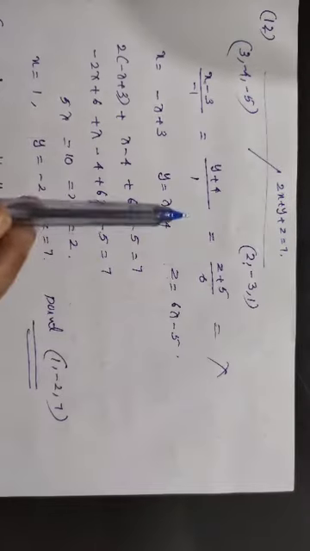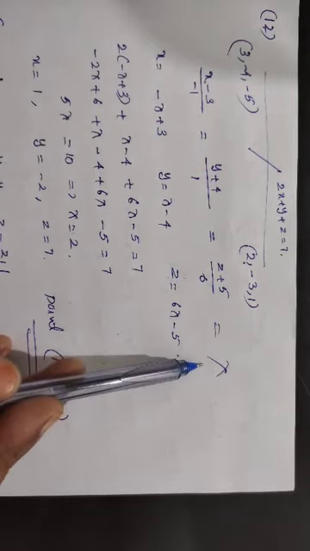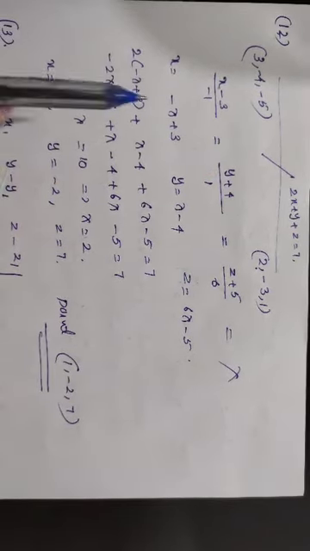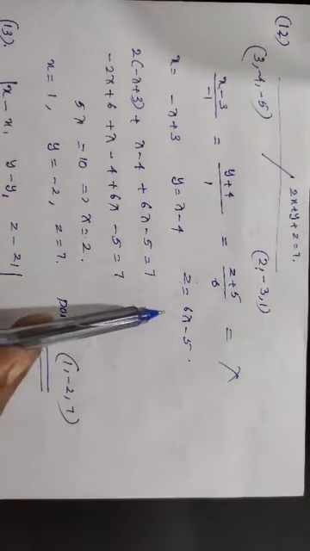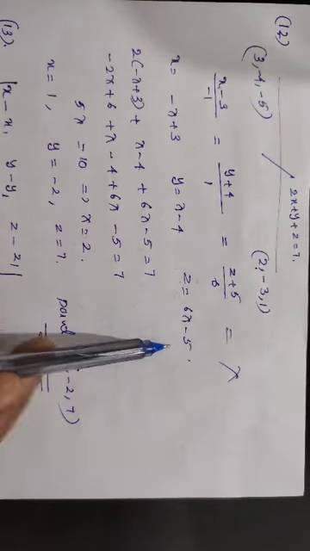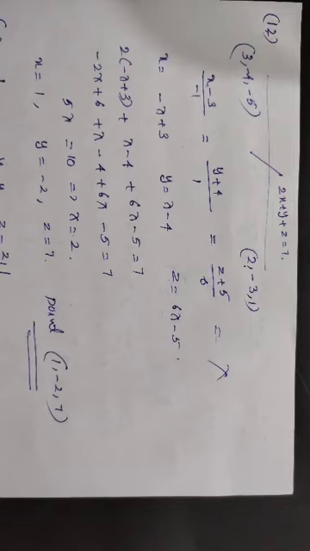Next we find the values of x, y, z by equating this with the constant lambda. We get x equal to minus lambda plus 3, y equal to lambda minus 4 and z equal to 6 lambda minus 5. Then how will you find lambda? If the point lies on the YZ plane, x equals 0; if it is the XY plane, z equals 0; or the XZ plane, y equals 0.